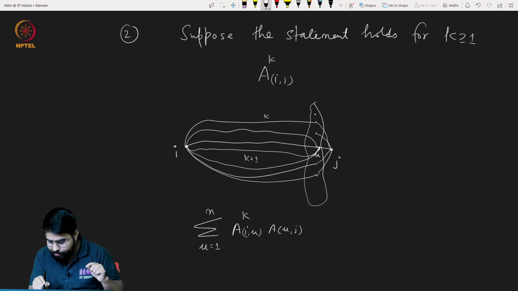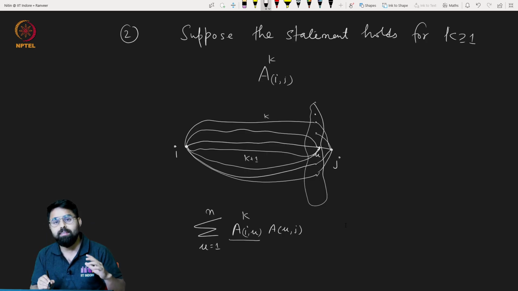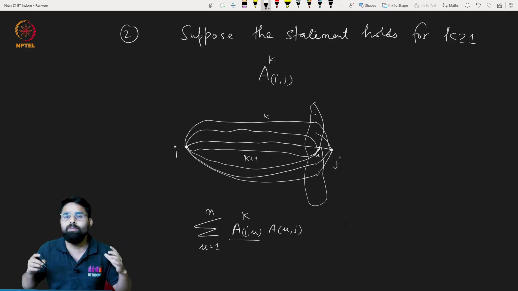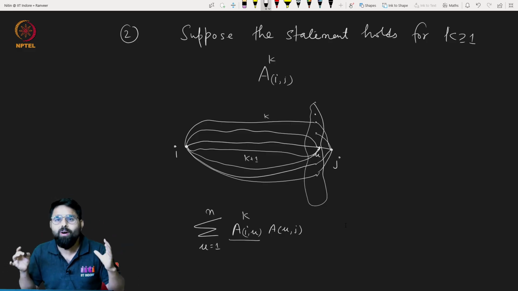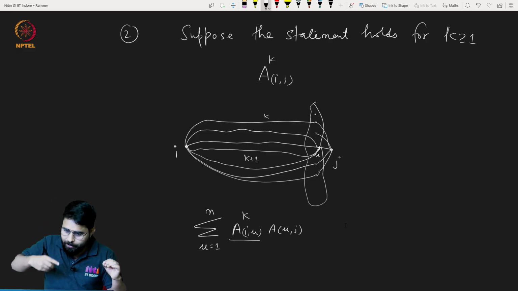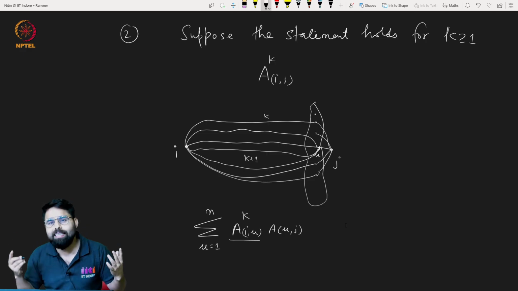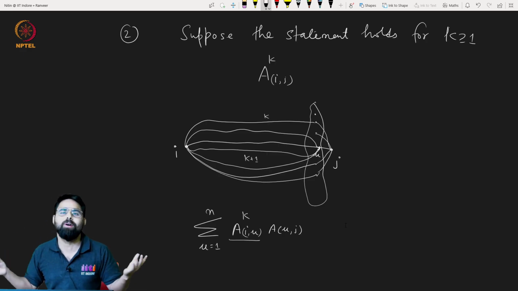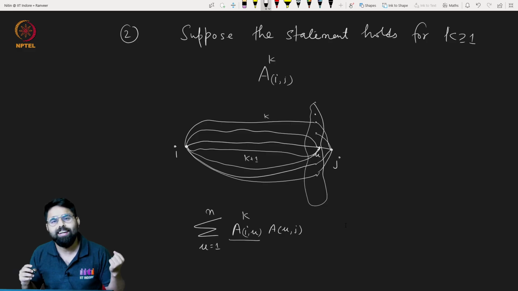The number of walks of length k between i and u, you multiply with the uj entry of the adjacency matrix. This will give you the number of walks of length k plus 1 which are going through u. Now, if you vary u over all the vertices, it will give you the total number of walks of length k plus 1.